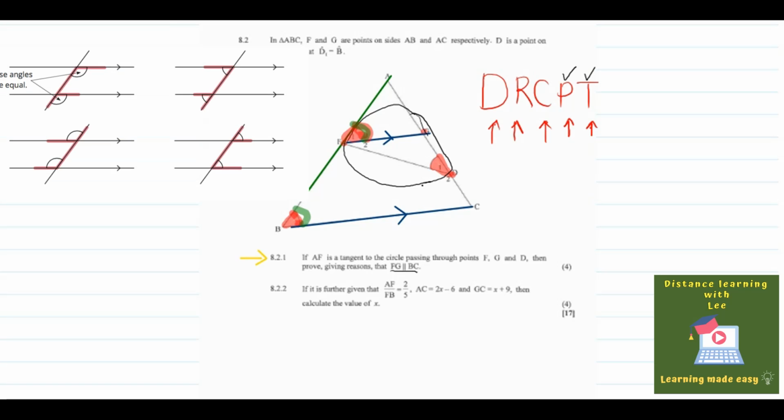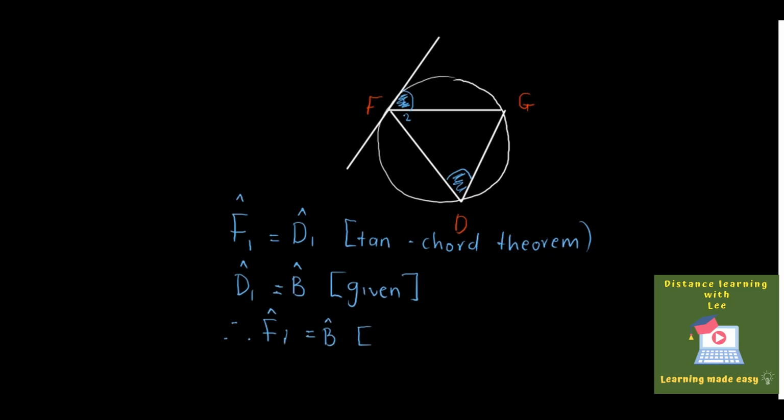You found that that angle there is equal to that angle there, and these two angles are corresponding angles. And we know that if you have corresponding angles, the two lines are parallel. So we have proven that FG is parallel to BC.